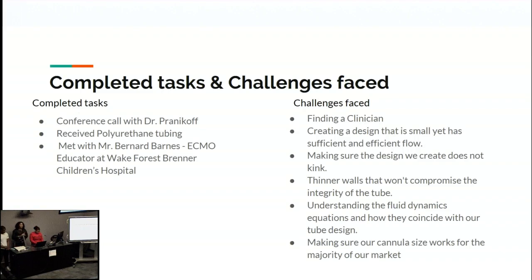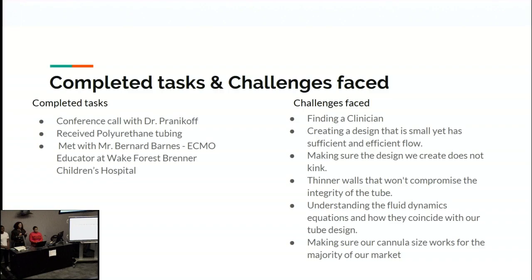Challenges faced. One challenge was finding a clinician, but since we're now getting emails from different clinicians, that's not really a challenge anymore. Creating a design that is small yet has sufficient and efficient flow, because the job of a cannula is to support the flow of the vein and bring blood from the superior and inferior vena cava back into the atrium.